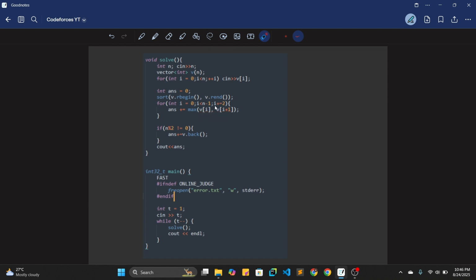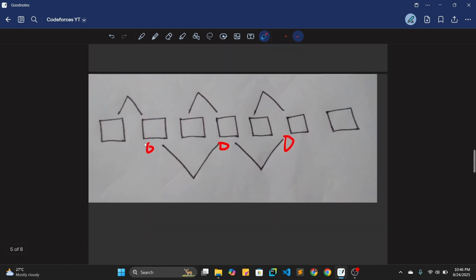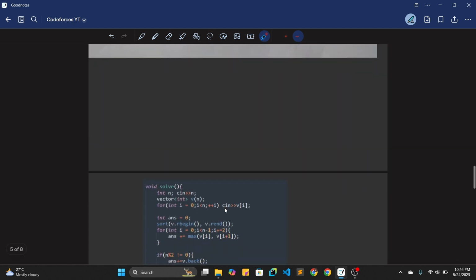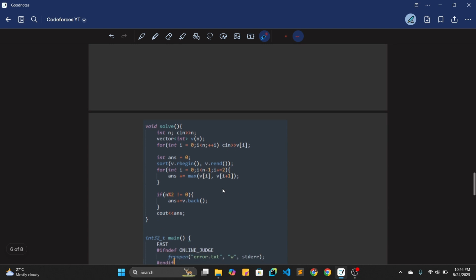Here it should be i plus equal to 2, because we are comparing these two villagers and then these two villagers, so we need to increase i by 2.